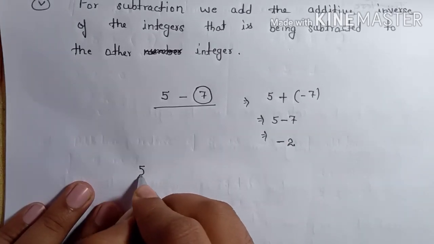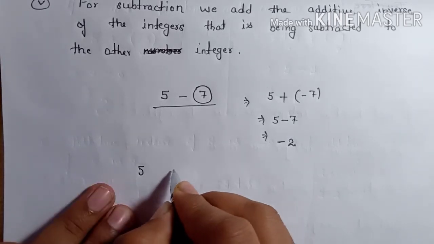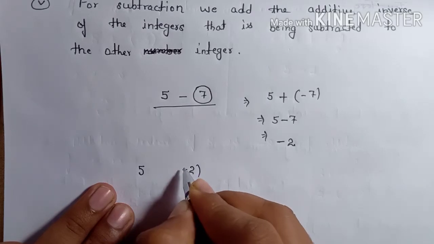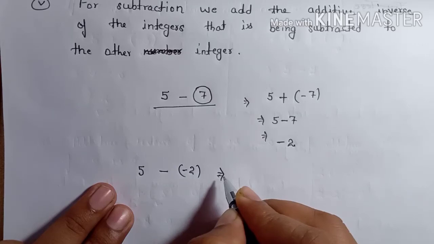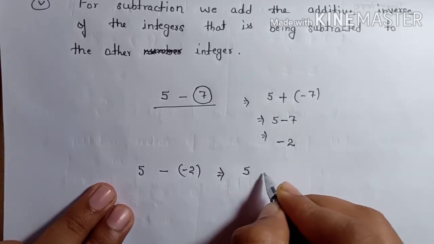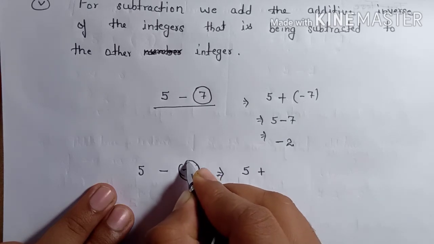And if we want to subtract minus 2 from 5, then what to do? We have to add the additive inverse of minus 2 here.